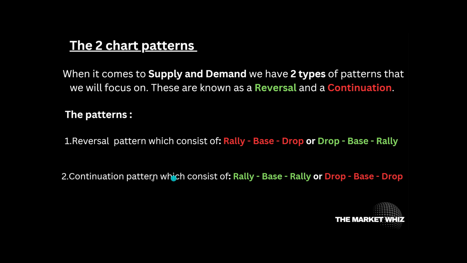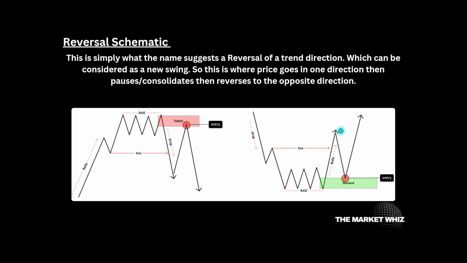The continuation pattern consists of a rally base rally or a drop base drop. Don't worry, we'll go over these in a sec. They're quite simple, you just have to see it visually. This is what you want to focus on. Let's go through the reversal schematic first.